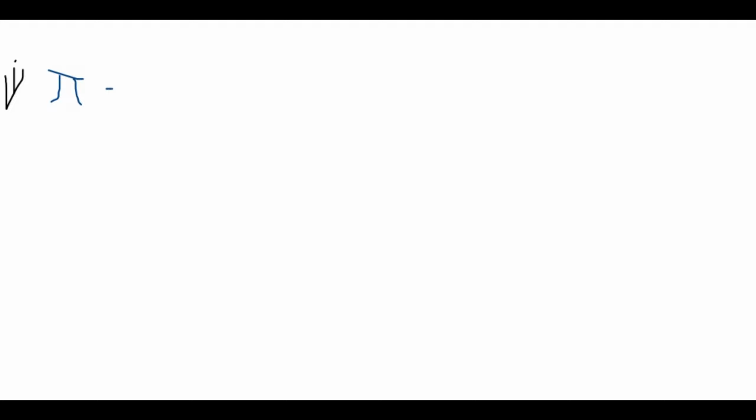Now, we know pi to be 3.1415, and it goes on and on. Pi is an irrational number since it cannot be expressed as a fraction or in whole ratio. Now, you might say that pi is also expressed as 22 over 7.